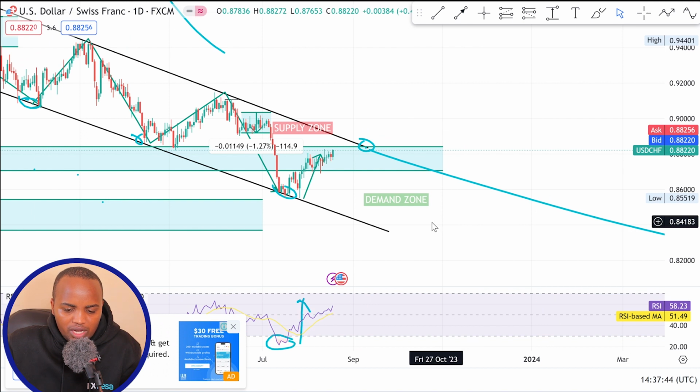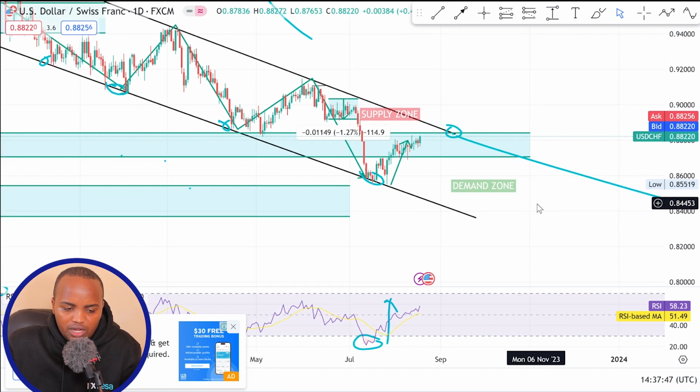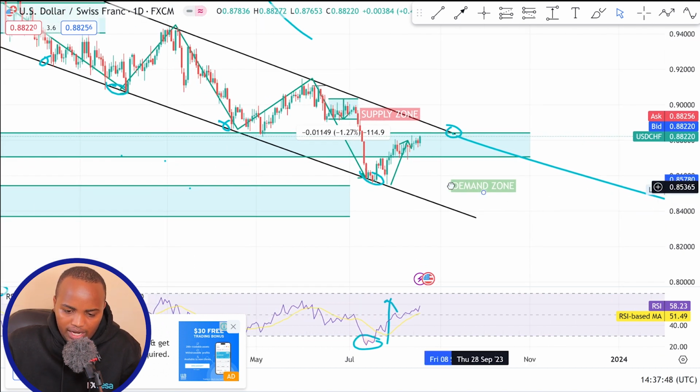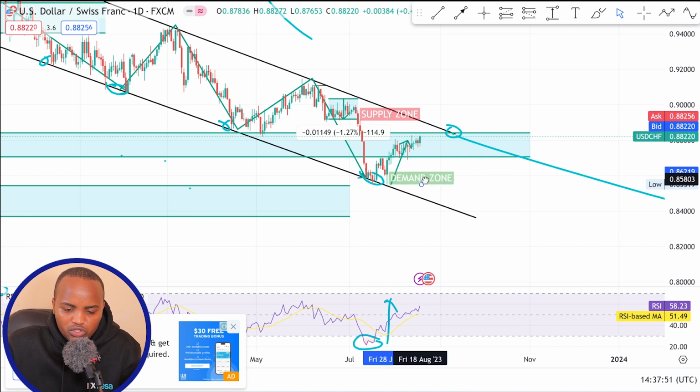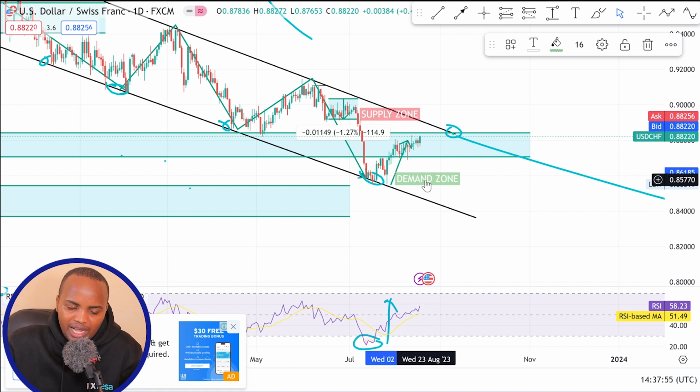The demand zone has been created over here for the dollar, and this is where so many people will come to buy the dollar. What will happen here is the government will put in place the monetary policy, where they can decide to increase the interest rate.